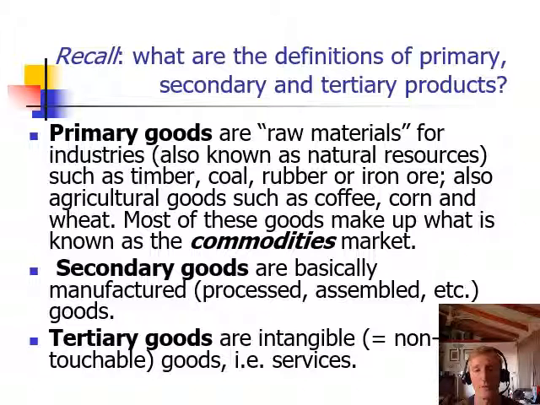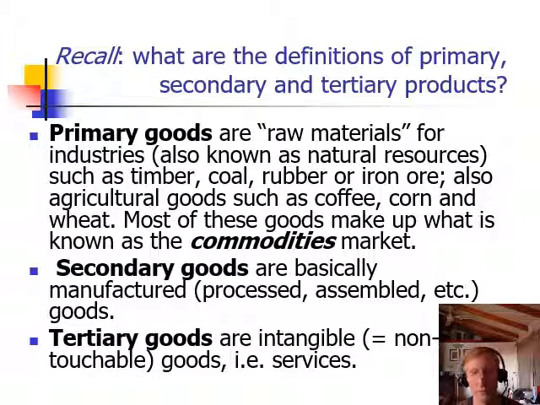And the reason why it's primary as well is because this kind of product is the same around the world. So they're homogeneous. It's very, very competitive. Whereas secondary goods are basically using primary materials to produce manufactured goods, and tertiary are services.